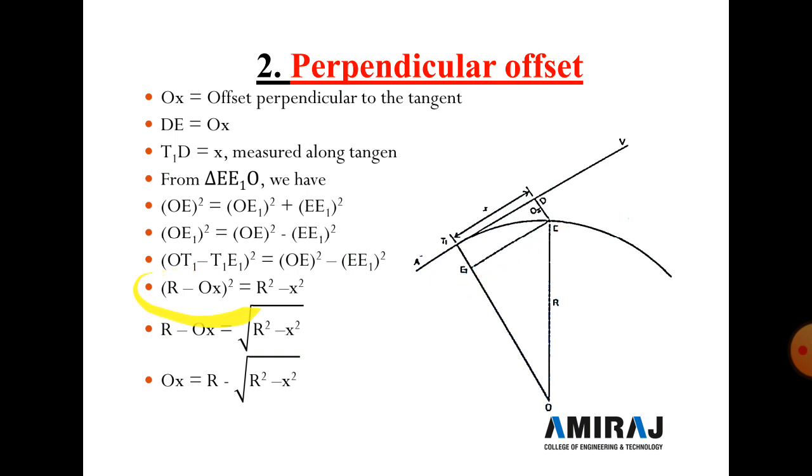So (R minus OX) square is equal to R square minus x square. So R minus OX is equal to the square root of R square minus x square. So OX is equal to R minus the square root of R square minus x square. So this is the perpendicular offset equation.